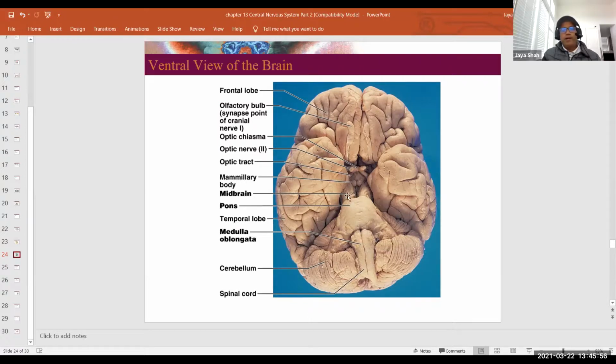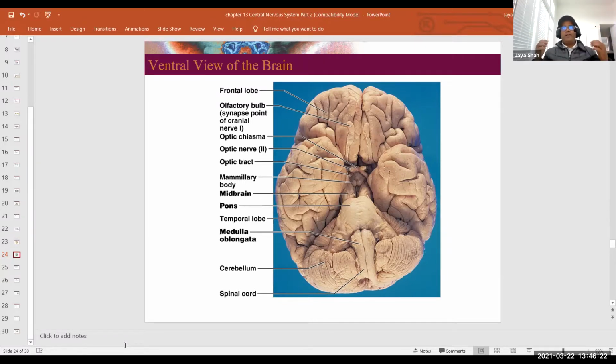This midbrain has two structures, superior colliculi and inferior colliculi, this area here. Together they are called corpora quadrigemina. They are for visual reflex and auditory reflex. So superior colliculi is for visual reflex and inferior colliculi is for auditory reflex.